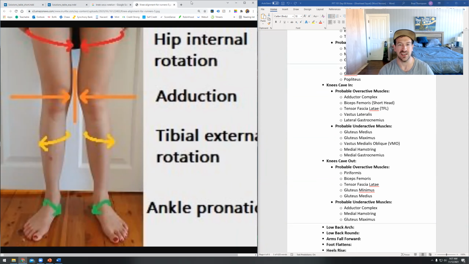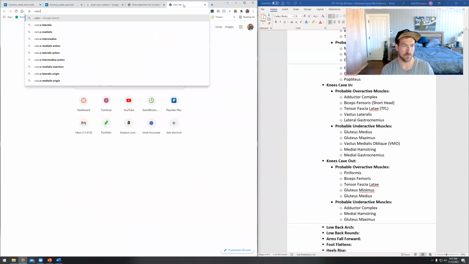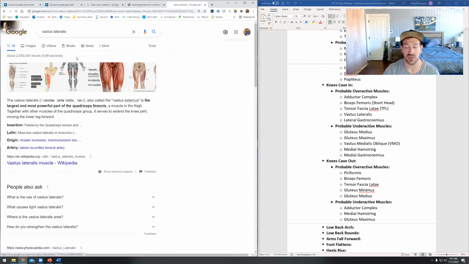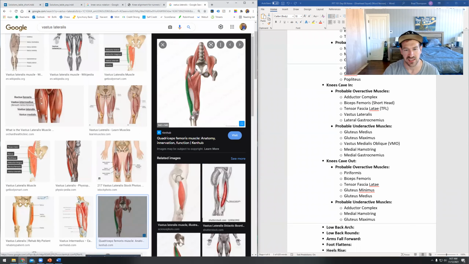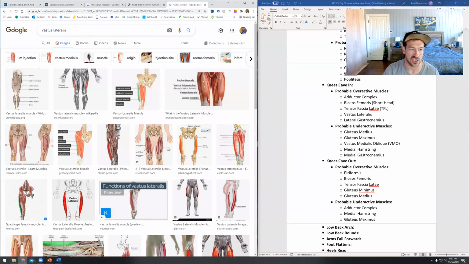Again, it works with the TFL, works with the biceps femoris, works with all those lateral muscles. It's this section of your quadriceps, and all of that shares a lot of fascia.